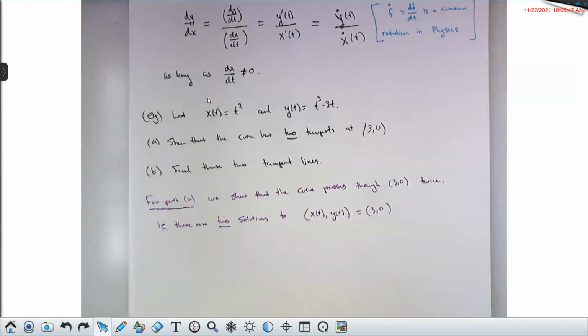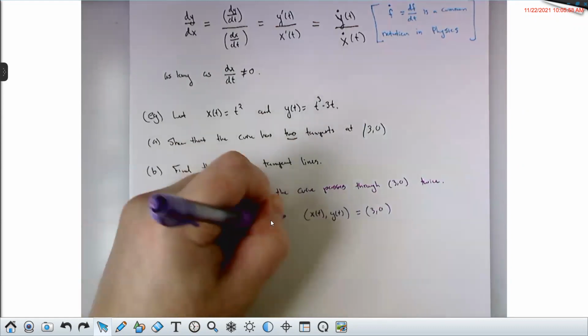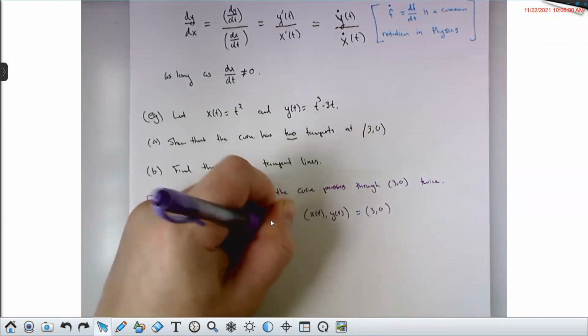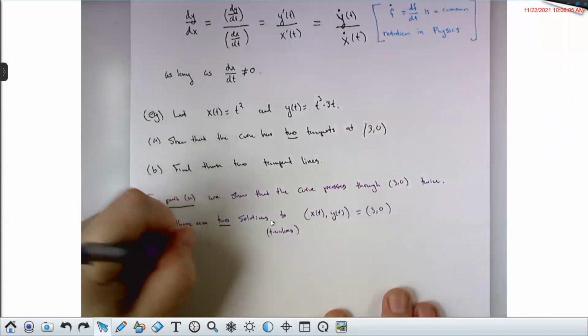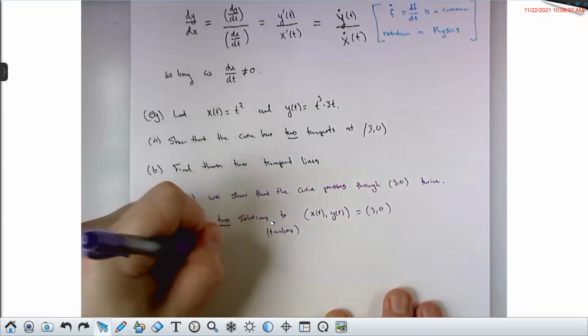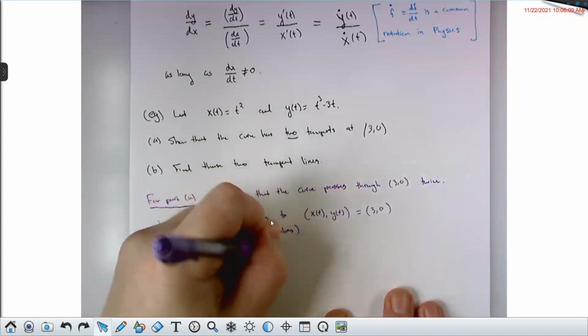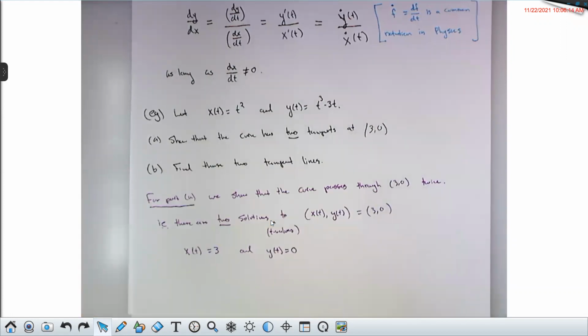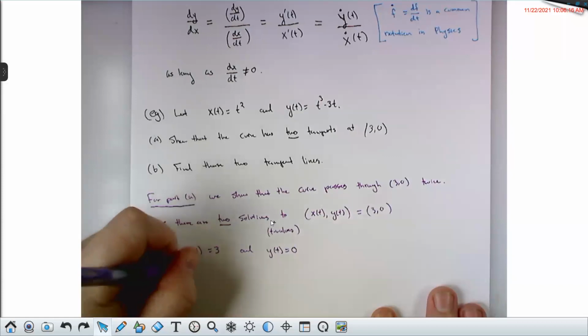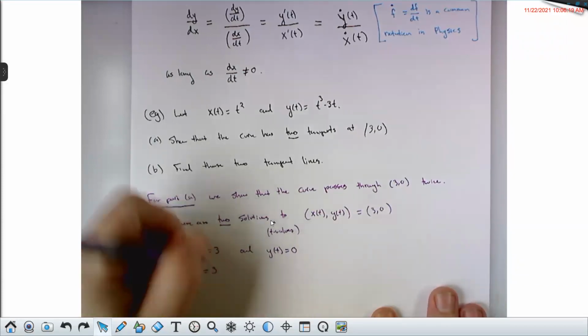All right, so the points on the curve are all (x(t), y(t)). And if I want to show that this curve goes through (3, 0) twice, that means there should be two t values. So this means x(t) would be equal to 3 and y(t) would be equal to 0. x(t) is t squared, so t squared is equal to 3.